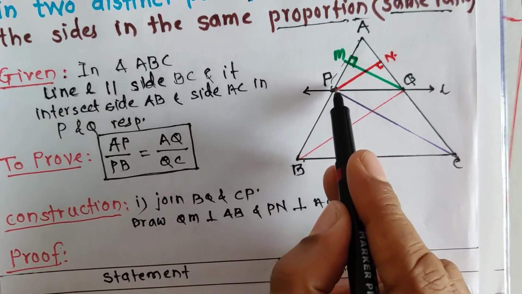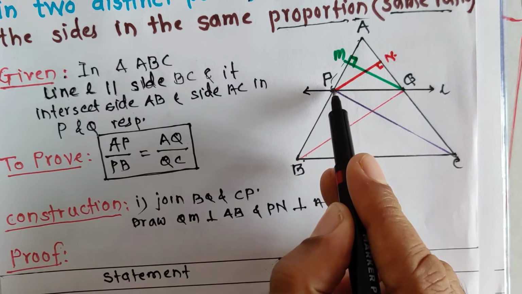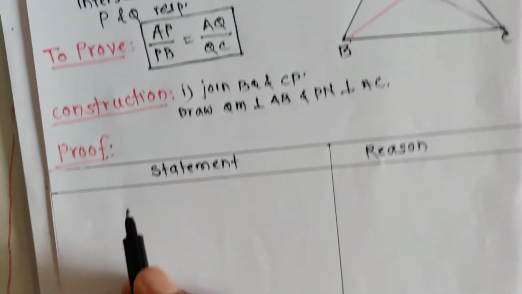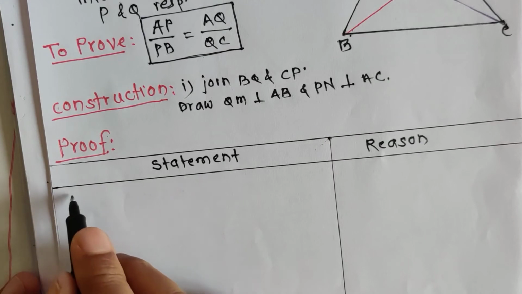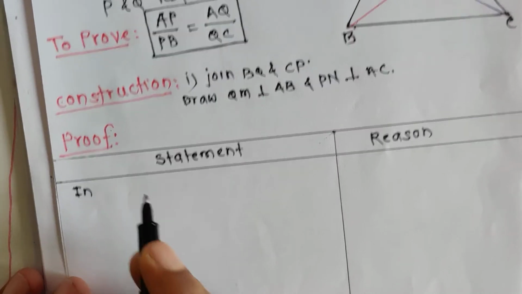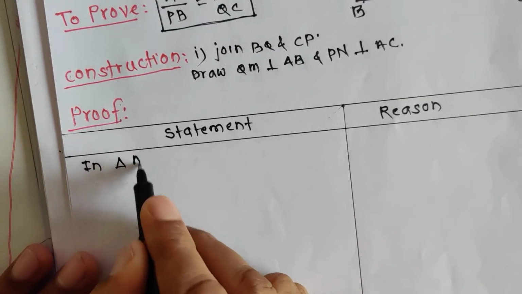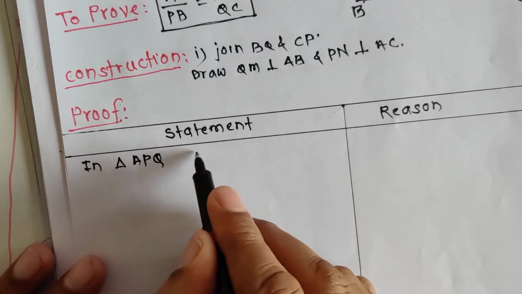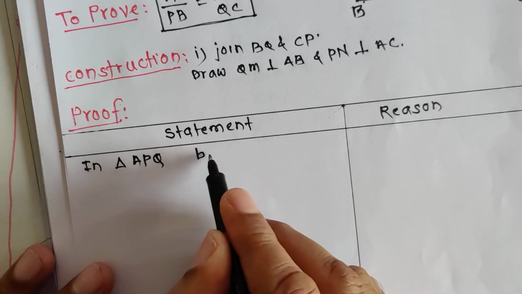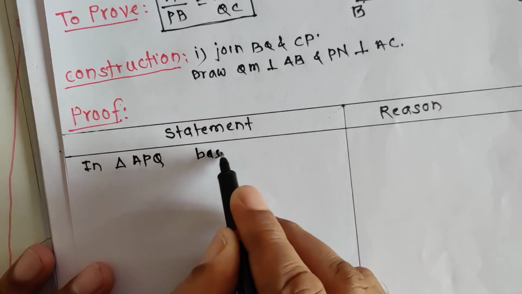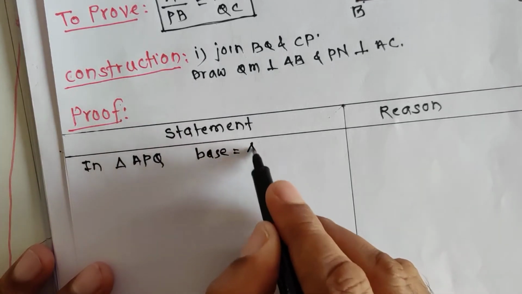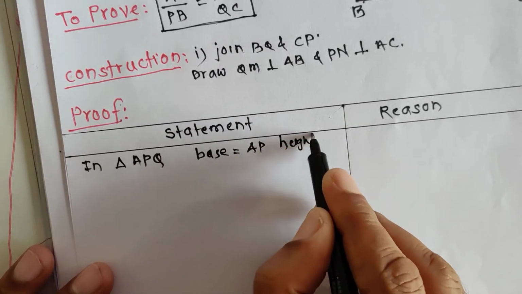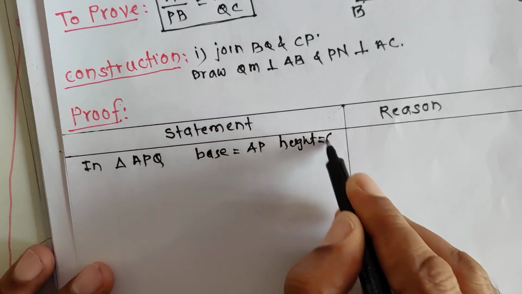For triangle APQ, AP is the base and QM is the height. So in triangle APQ, base is equal to AP and height is equal to QM.